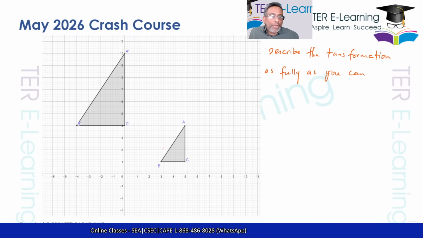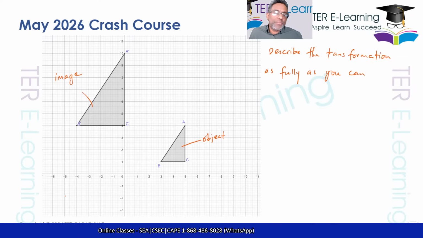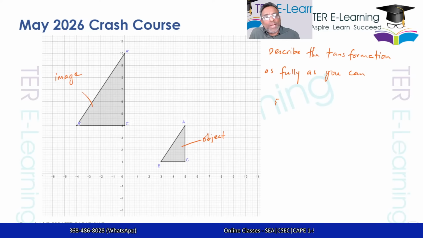First of all, this here is your object, and this here is your image. And we want to figure out what kind of transformation this is. First of all, you can tell that there's a difference in size, so we know it's definitely an enlargement.